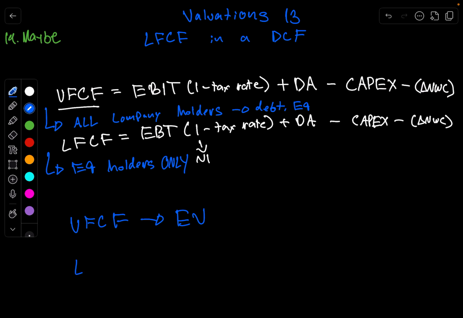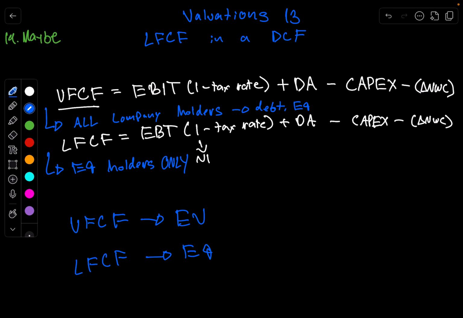Now, levered free cash flow is only relevant to our equity holders. That means if we run a DCF with levered free cash flow, this is only going to give us the equity value of that company, right? So that's essentially the thought process, right? If we took the cash flows that are available to our equity holders only, well, that doesn't take into account our debt holders, right?